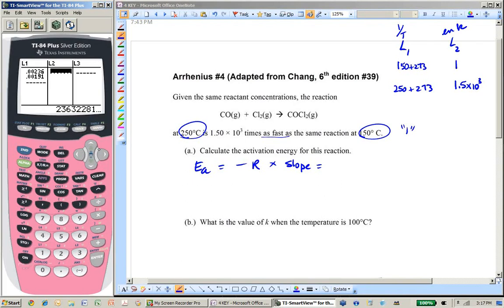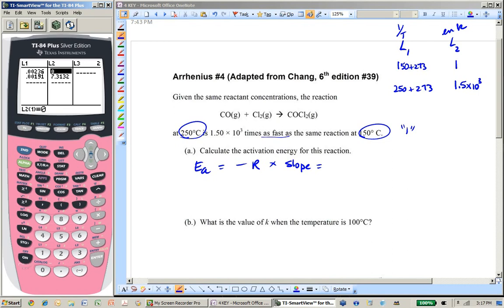Then I'm going to come over here and put in 1 and 1.5 second EE 3. Then I'm going to take the natural log of both, ln of second 2 for L2. And there I have it.